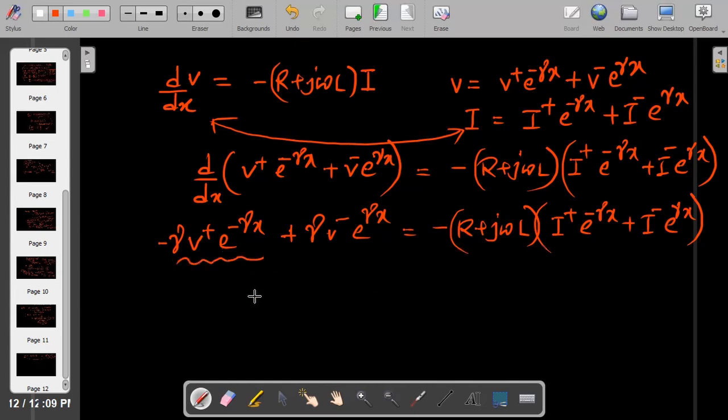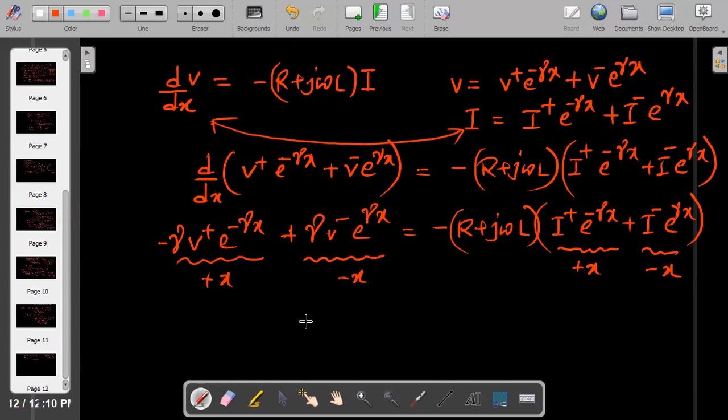Now you compare. This is a voltage wave traveling in plus x direction, this a voltage wave traveling in minus x direction. Here also same thing. So can we compare plus x with plus x, minus x direction with minus x?